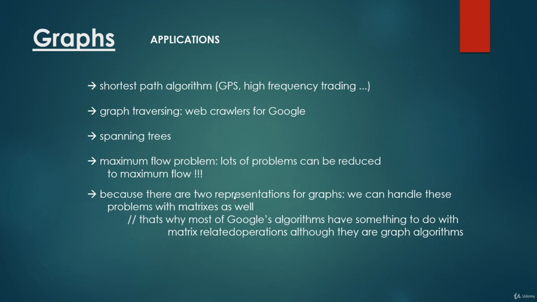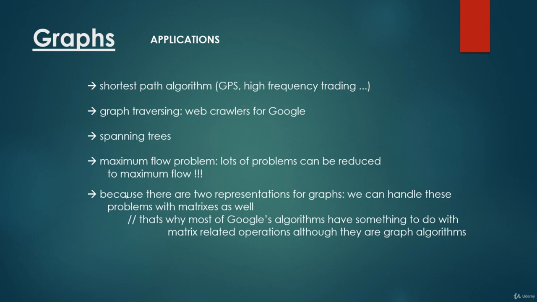And because there are two representations for graphs, we can handle these problems with matrices as well. This is what we have been discussing, that usually we use edge list representation, but we can use adjacency matrices. And that's why most of Google's algorithms have something to do with matrix related operations, although they are graph algorithms.